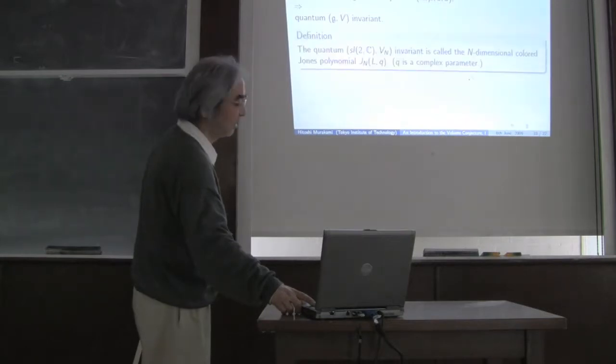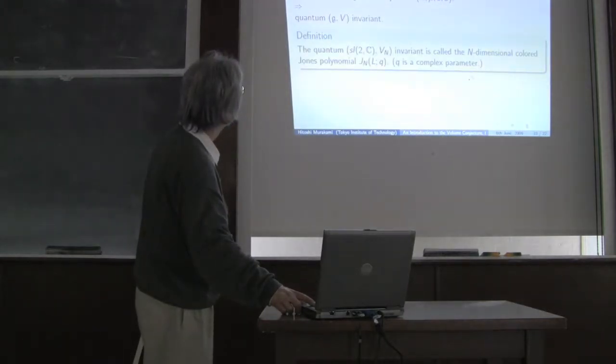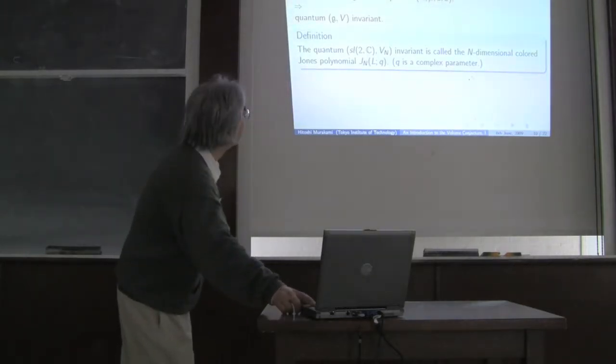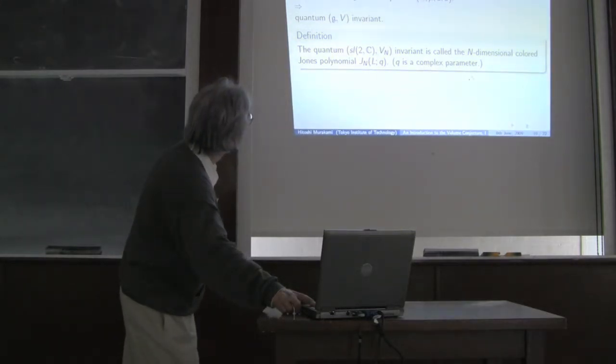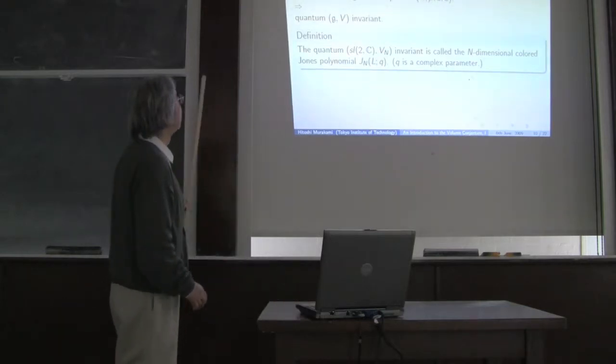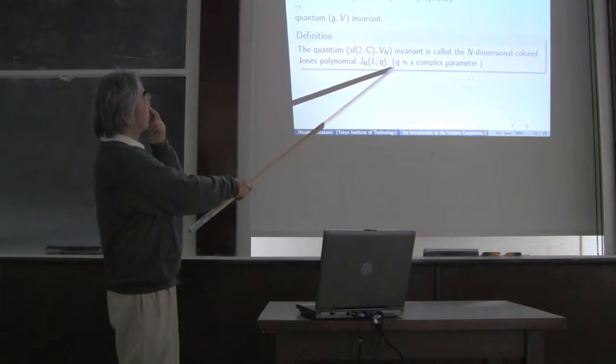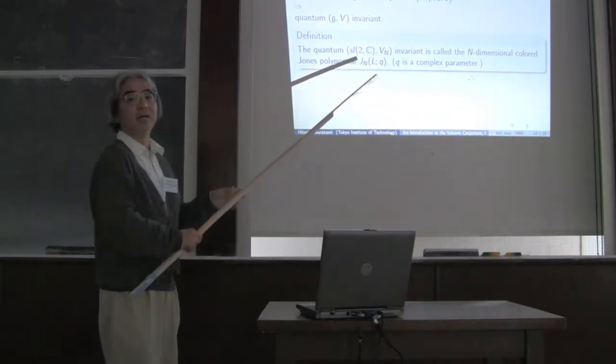And in this talk, I will use quantum sl2 with V_n, which is called the n-dimensional Kashaev-Jones polynomial, and I denote it by J_n(q). And q is a complex parameter, so you may regard it as just a complex number.